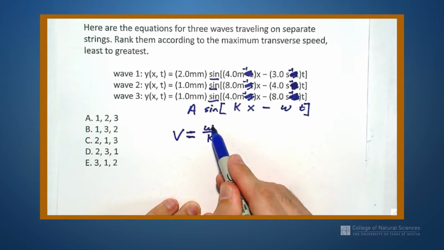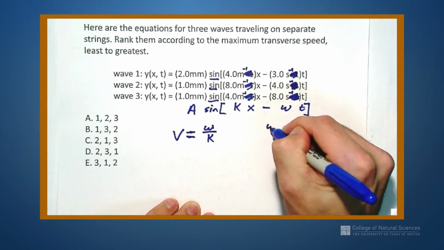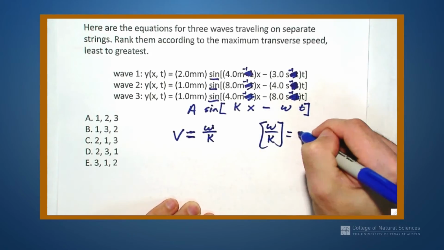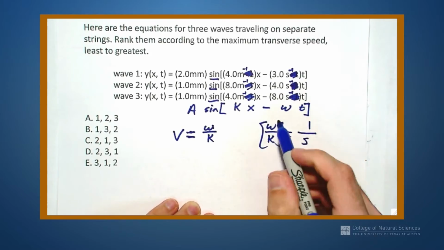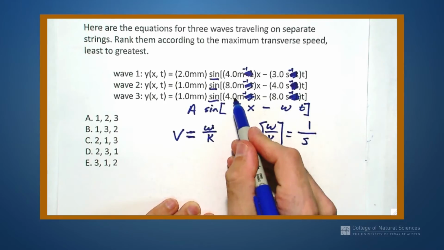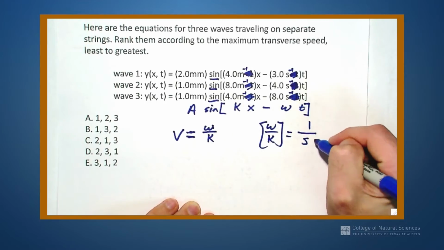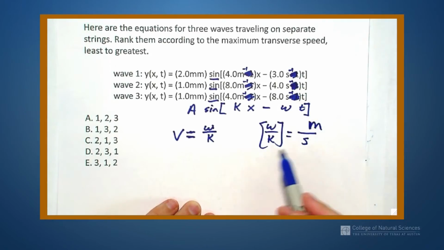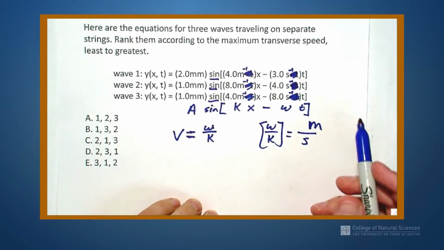So omega has units of inverse seconds, so this is 1 over seconds for my omega, and my k is 1 over meters. So 1 over meters puts meters on top, so I have units of meters per second. So omega over k is a velocity.